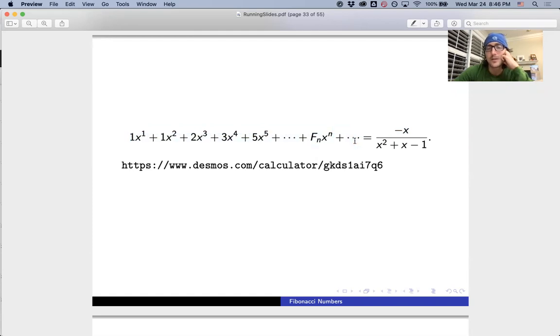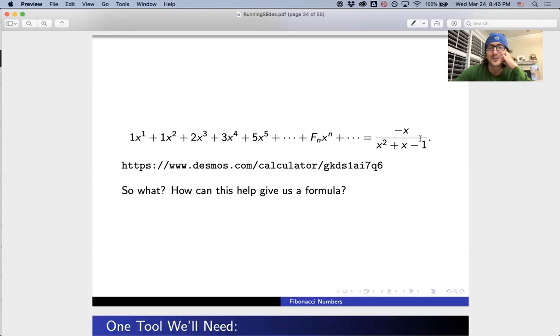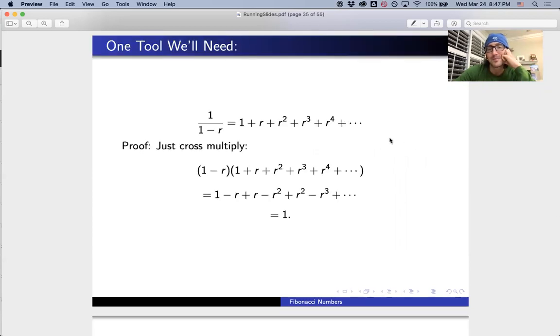And the only thing left to do is to say, let's study this fraction. Let's see what happens. Okay. And so how can this help us give a formula for the nth Fibonacci number? One tool that we will need is something that I hope you've seen in a calculus class, but if you haven't, I'll just show you why it's true now.